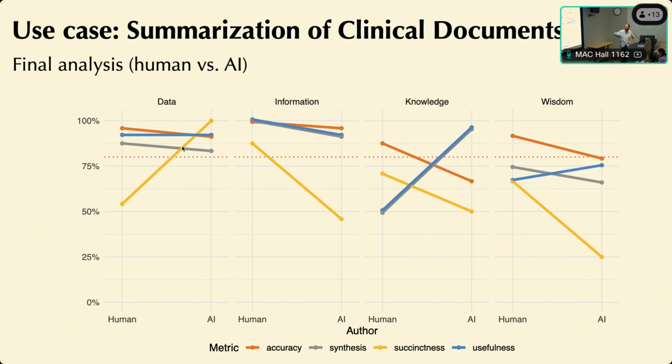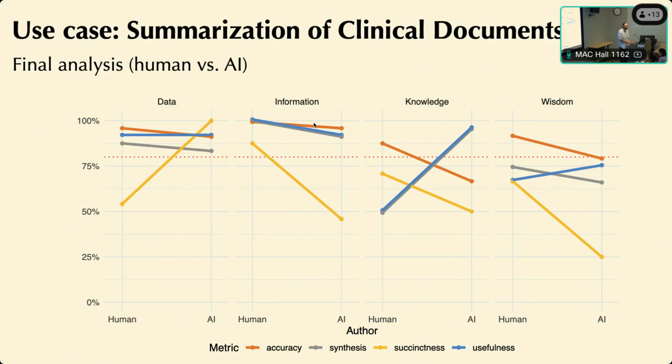And what we basically found is that succinctness is where we saw the biggest differences. But for data and information, humans had the edge, by less, but they did have an edge, and things were okay. Where things went off the rails were with knowledge and wisdom, both for humans and the LLMs.